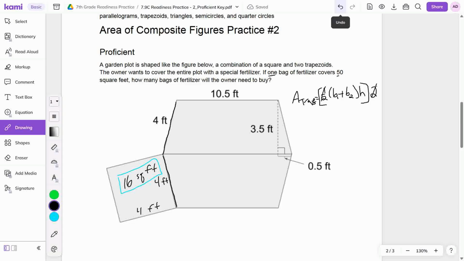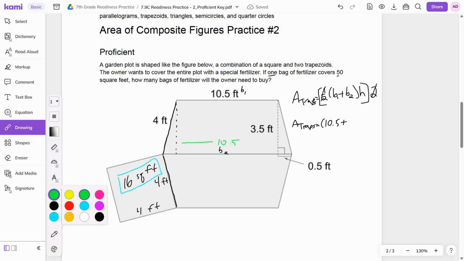Pretty easy. All right, so let's call this my base 1. And then my base 2 is going to be this one right here. Now, for my area of my trapezoids, base 1 is going to be 10.5 plus, if I were to draw an imaginary line down here, let's use a different color, 10.5 from here to here.